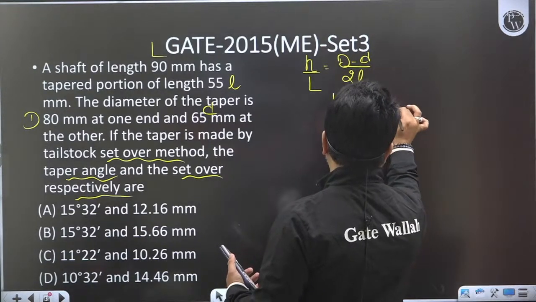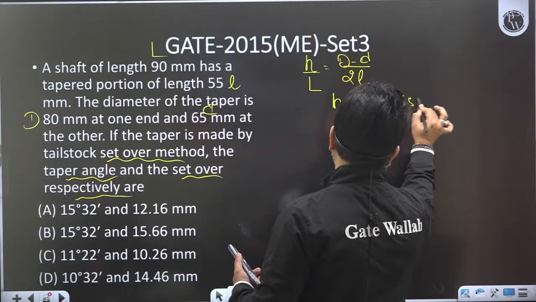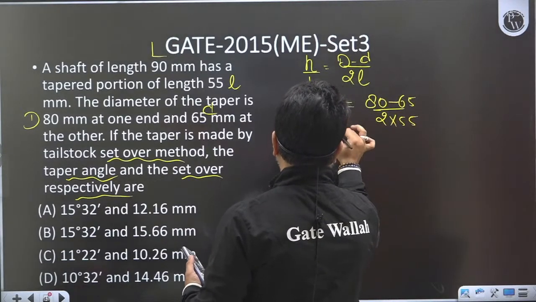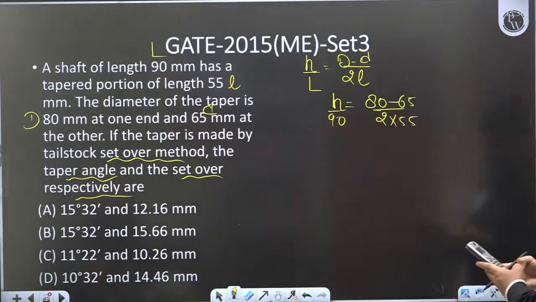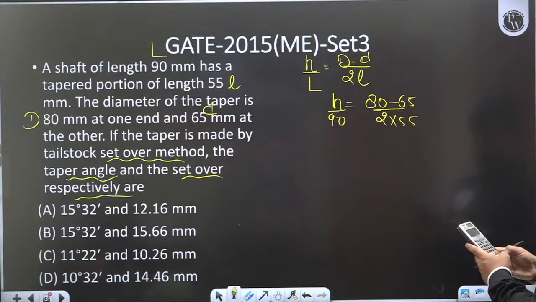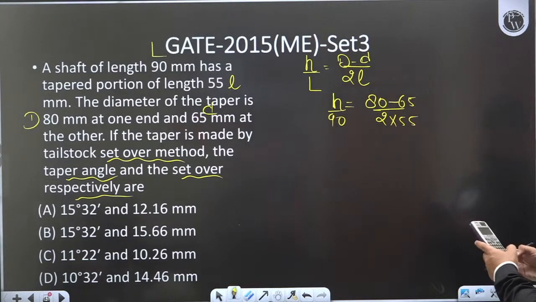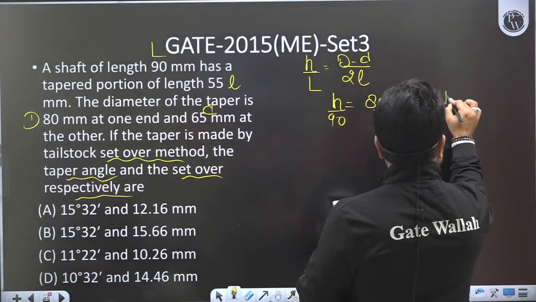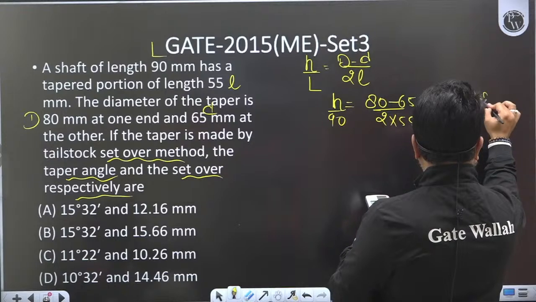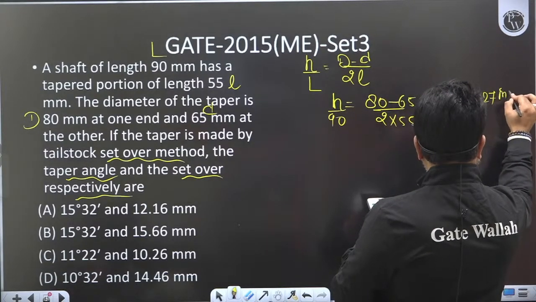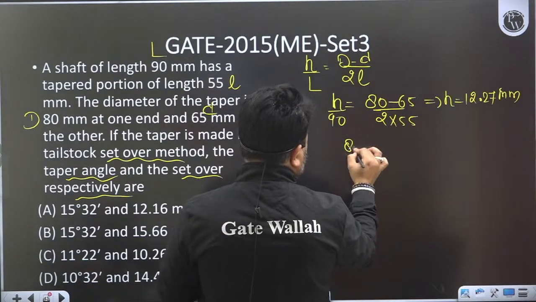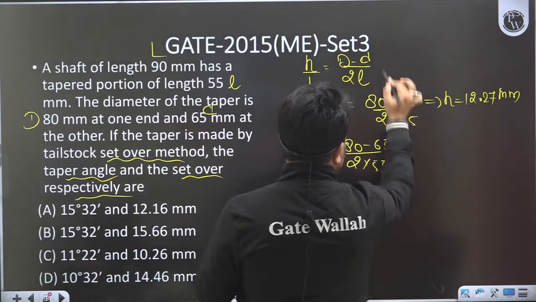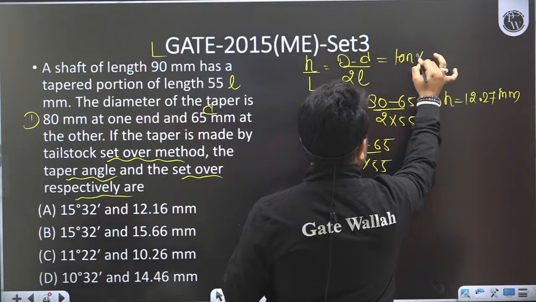Capital D is 80 minus small d is 65, divided by 2, into 55 divided by 90. So the set over height is 12.27 mm.